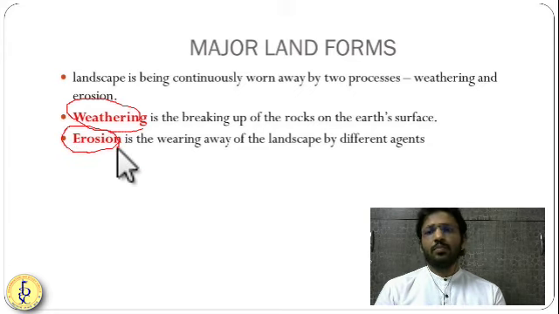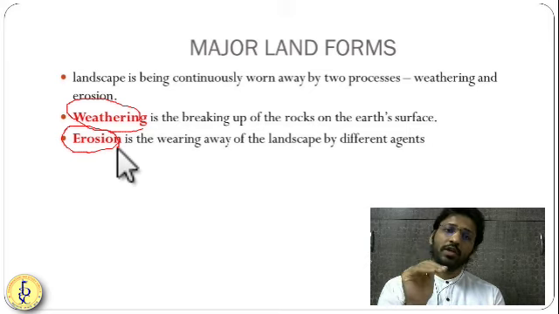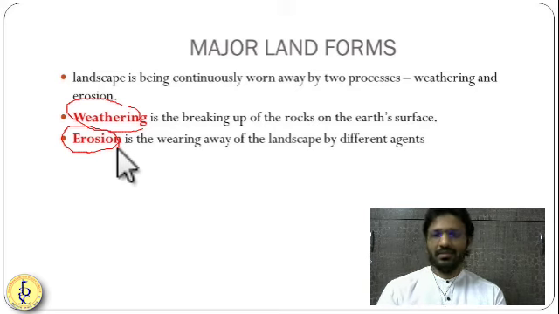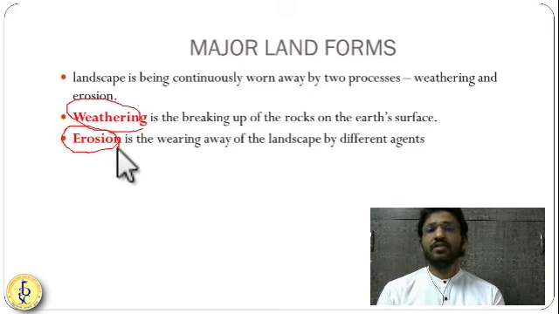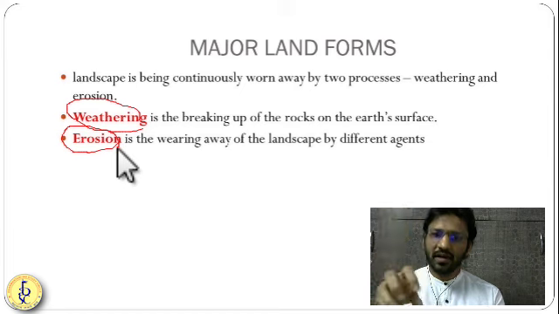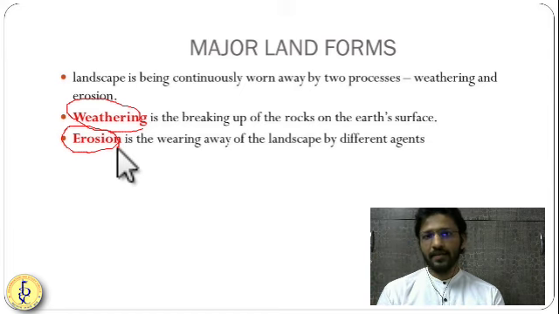So weathering is a process which happens on the spot. Here, material is not transported from one place to another place. That's why it is known as an in situ process or on-the-spot degeneration process. So when the rock is there, it gets degenerated on the spot, we call it weathering.